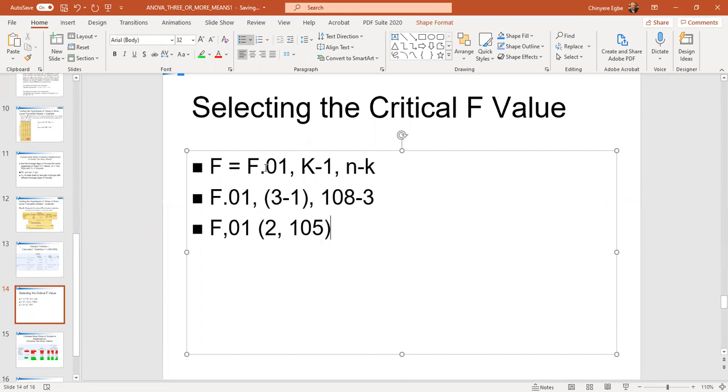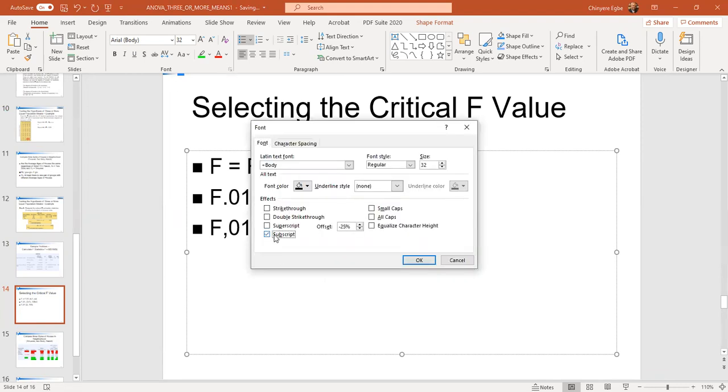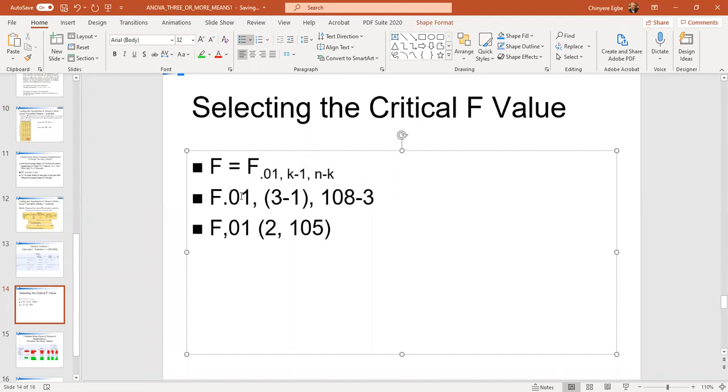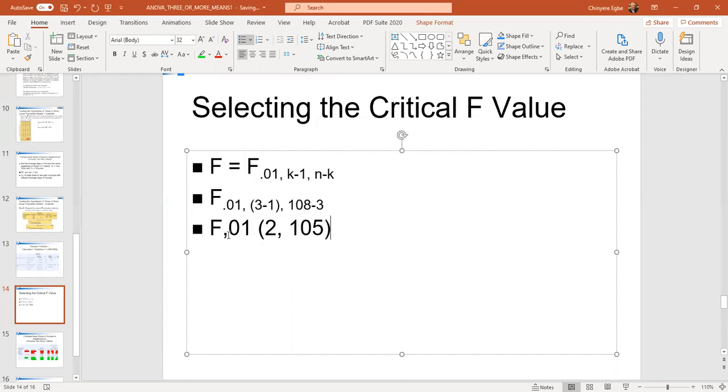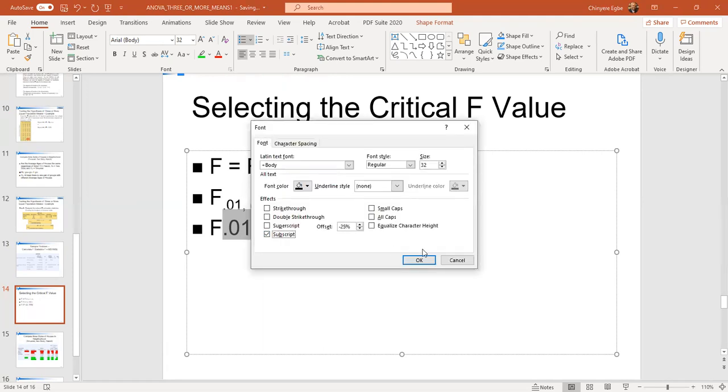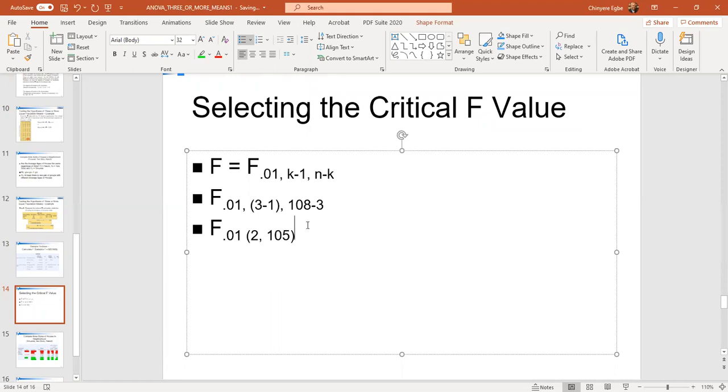I'm going to make this very clear so that we don't confuse what we mean here. So these are going to be subscripts.